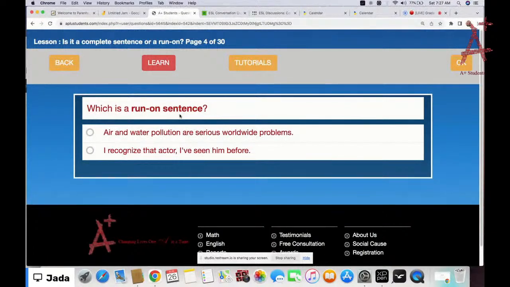Which is a run-on sentence here? Air and water pollution are serious worldwide problems. I recognize that actor. I have seen him before. This is a run-on sentence, but this one is a complete sentence, so this is a run-on.